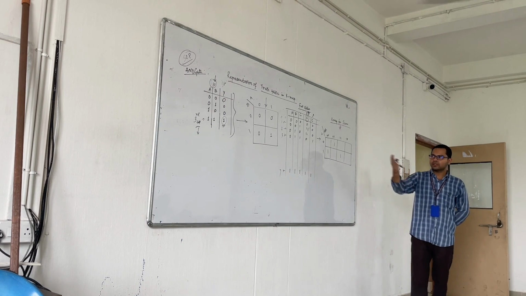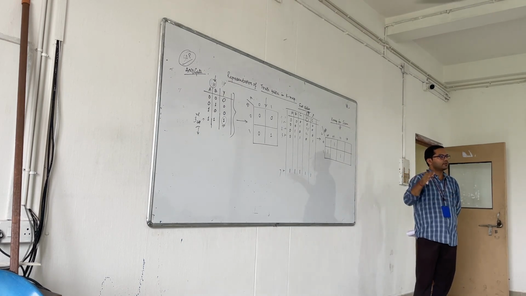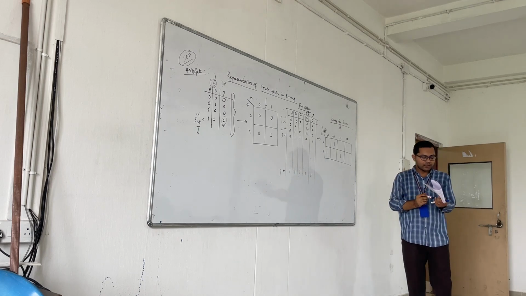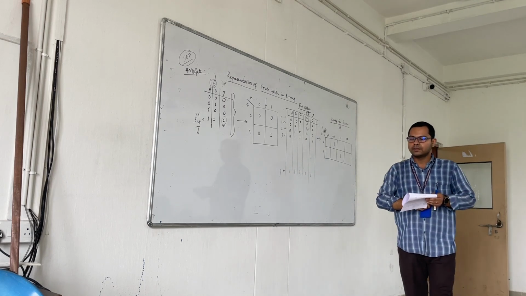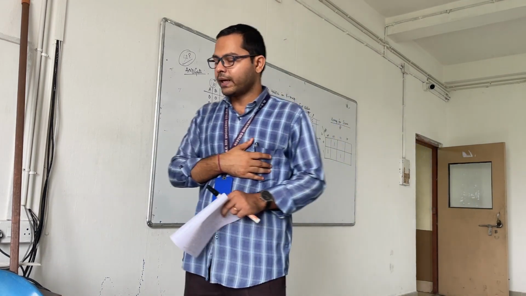Clear? So it will be the same for a 4 variable, 5 variable or 6 variable truth table. Now coming to the most important thing, that is the grouping of variables in terms of adjacency.